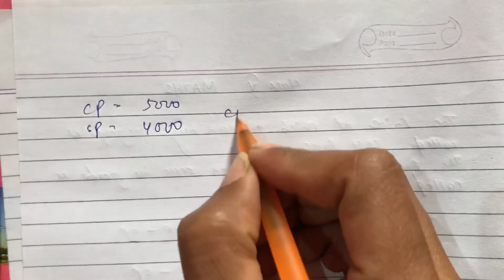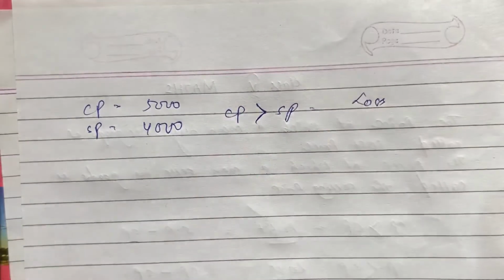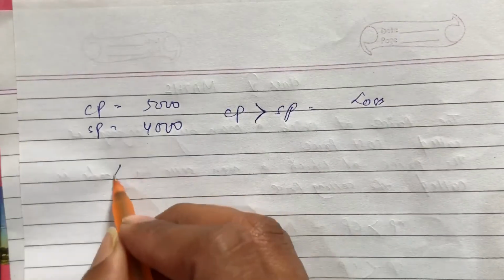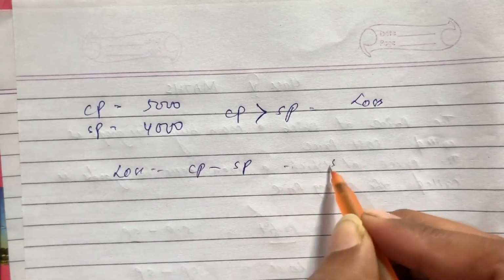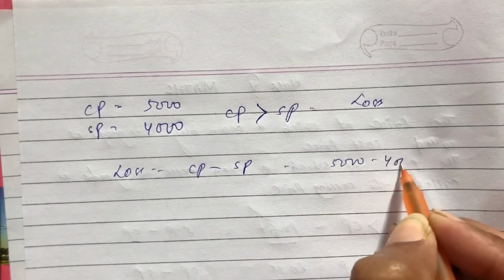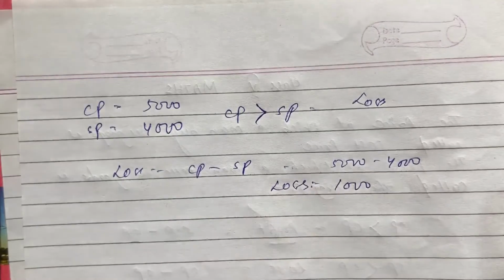Here CP is greater than SP, so it is a case of loss. The formula for loss is CP minus SP, that is 5,000 minus 4,000, so we get the loss of 1,000.